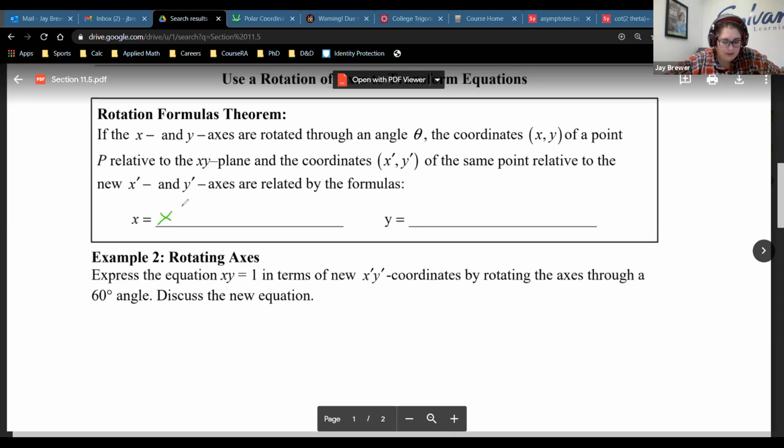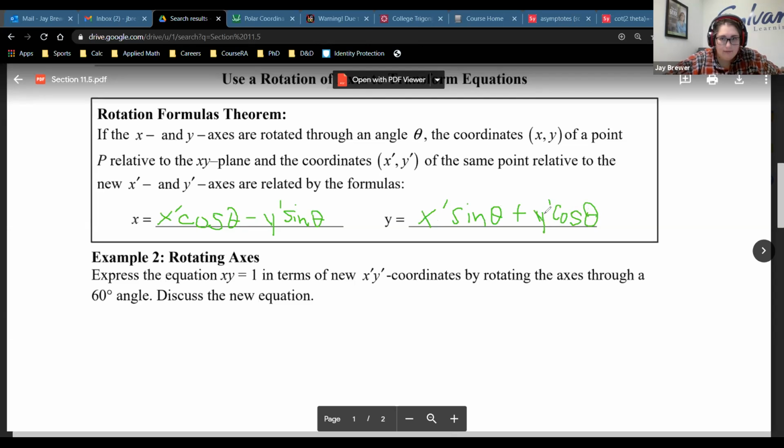So basically, we're looking at x equals x prime cosine theta minus y prime sine theta. That's for the x. The y is very similar, but you have to pay attention to the small changes. So we have y equals x prime sine theta plus y prime cosine theta.